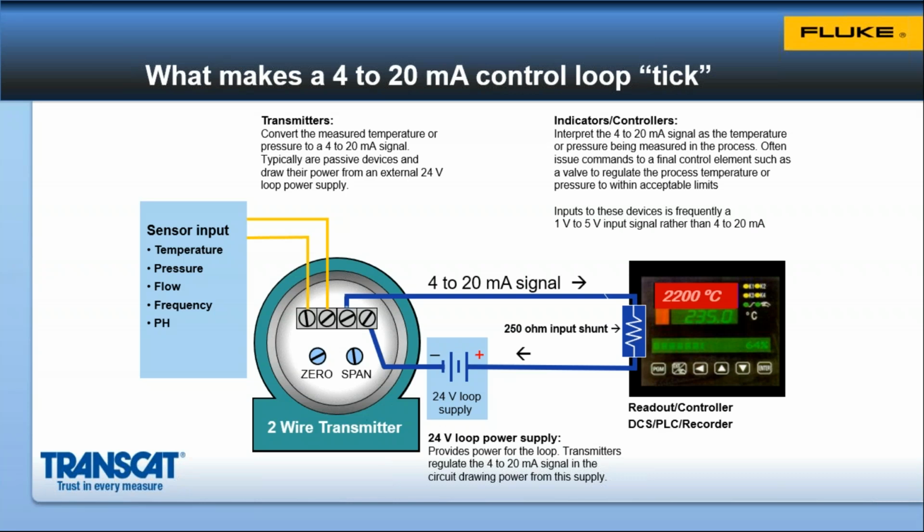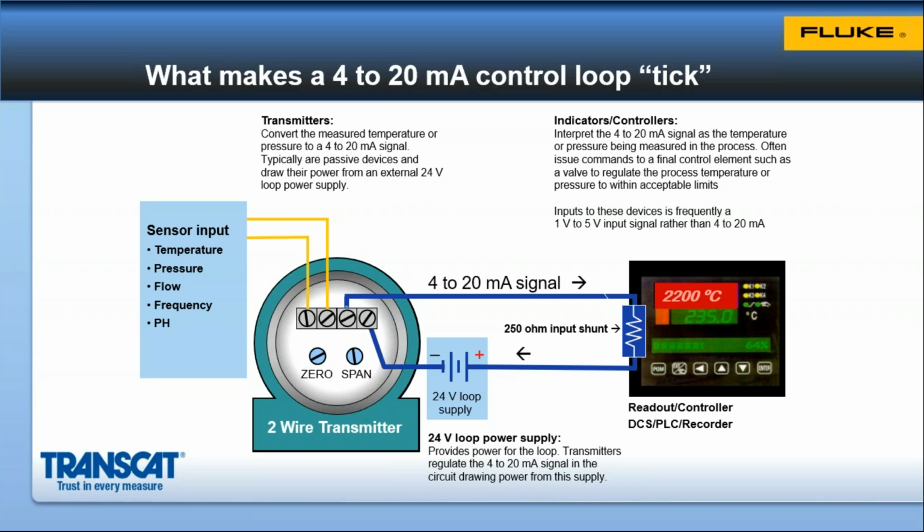Most often, that input to the control system is going to be some value of resistance that converts the 4 to 20 milliamp signal to a 1 to 5 volt or 0 to 10 volt DC signal that the controller or the control system then will decode into the actual value.